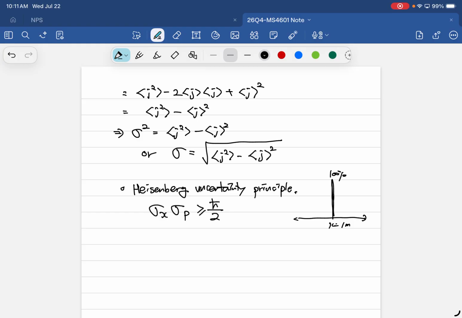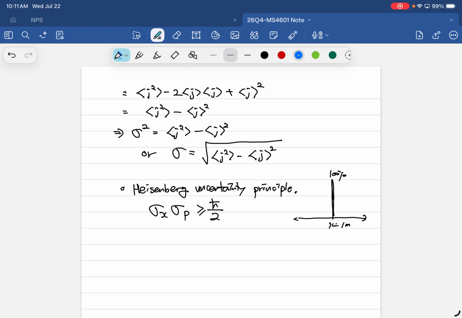Another way to express it is: if we lower the standard deviation of position, what happens to the standard deviation of momentum? It has to go up, because the product has to be equal to or larger than h bar over 2.